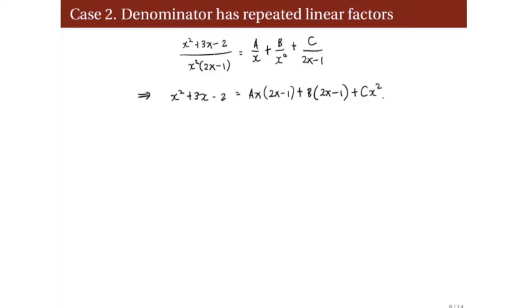So, pwede tayong gumamit nung alternative kanina by substituting values of x. Or pwede rin naman na mag-compare ng coefficients. So, yung comparing of coefficients, iwan ko na lang sa inyo as an exercise.